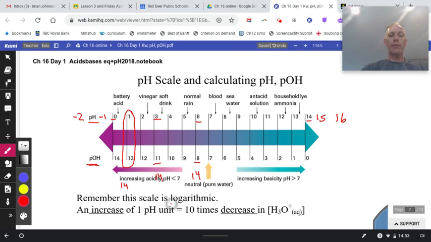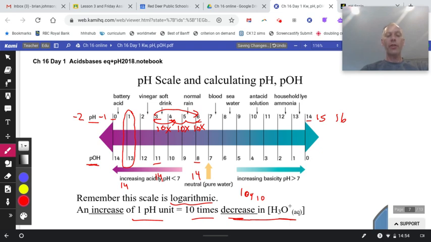You will also remember that this scale is logarithmic, and it's log to the base 10, which means every 1 pH unit is a 10 times decrease in hydronium. So if I go from a pH of 3 to 4, it is 10 times less acidic. 4 to 5, 10 times. 5 to 6, 10 times. What if I go from 3 to 6?